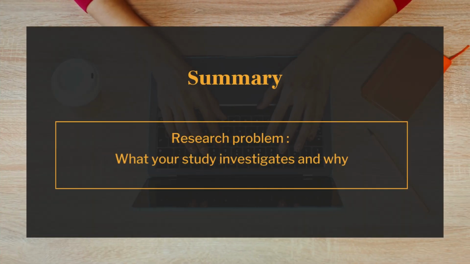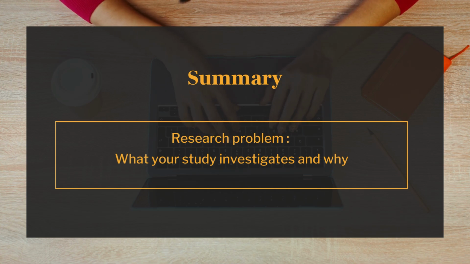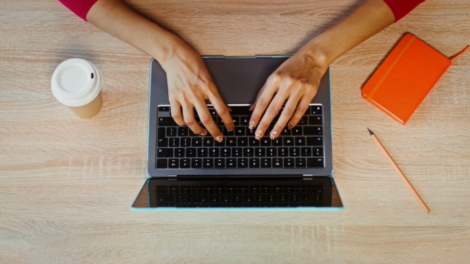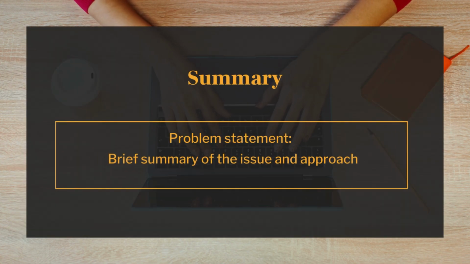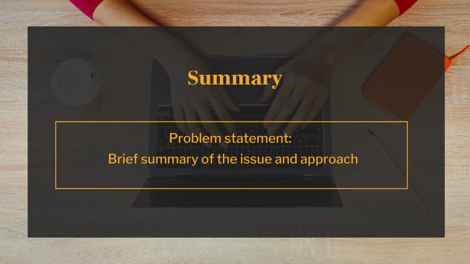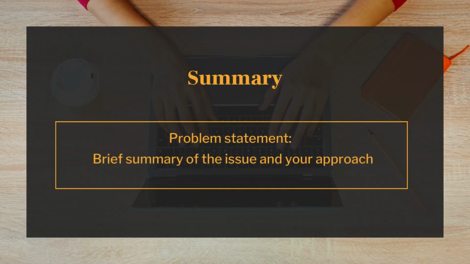To summarize what we have covered, a research problem is a clear explanation of the issue your study will investigate. It includes the problem itself, its importance, and what you plan to do in response.